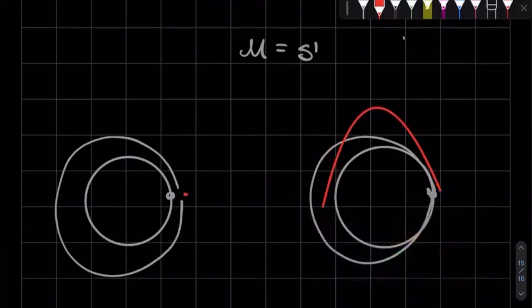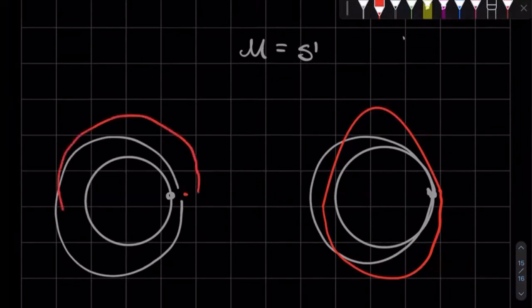Okay? And as you move again from 0 to 2 pi, you come back to the original point. That's not interesting. Actually, what I wanted was the maps that move more quickly.